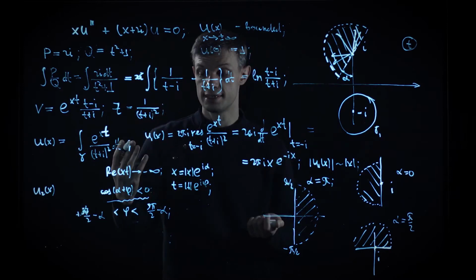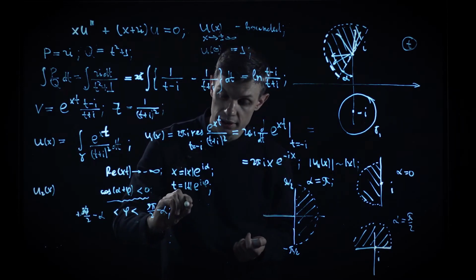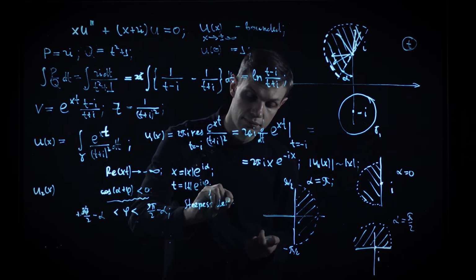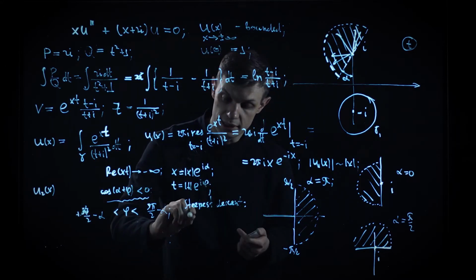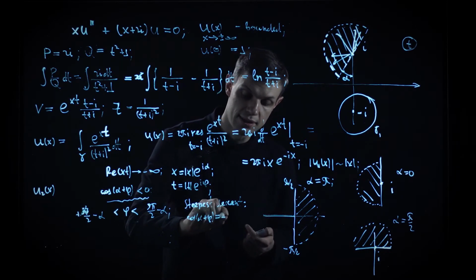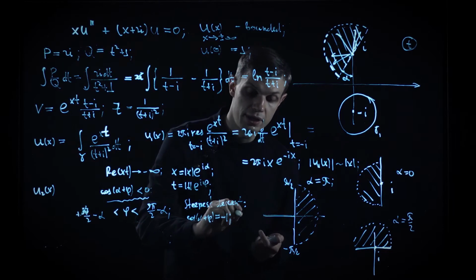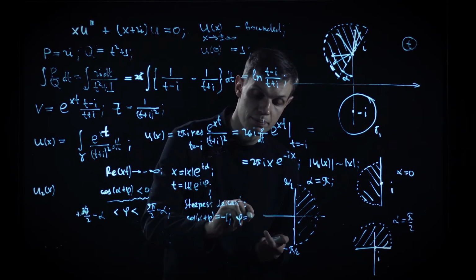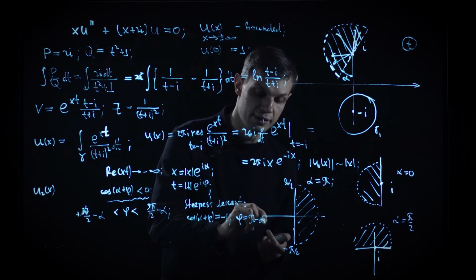For cosine it's negative 1. So for the steepest descent direction, cosine of alpha plus phi is negative 1. So phi is equal to pi minus alpha.